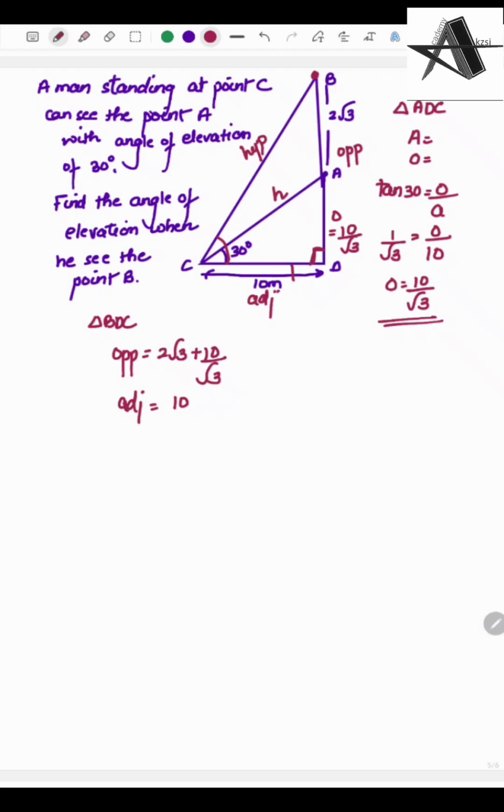Now we can calculate the angle. Definitely we will apply tan theta because opposite and adjacent are known. So let's say tan C, this whole angle being C. So tan C is equal to opposite over adjacent. Tan C is equal to 2 root 3 plus 10 over root 3, over adjacent 10.